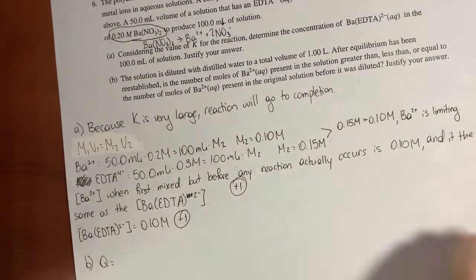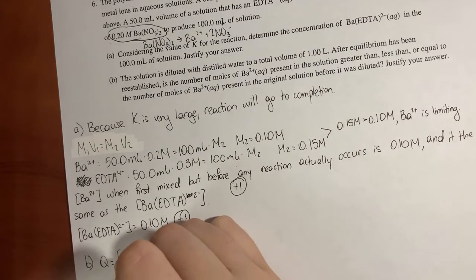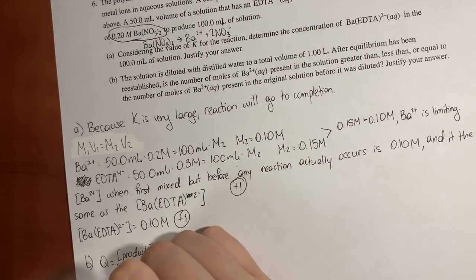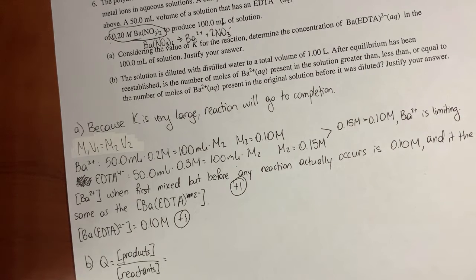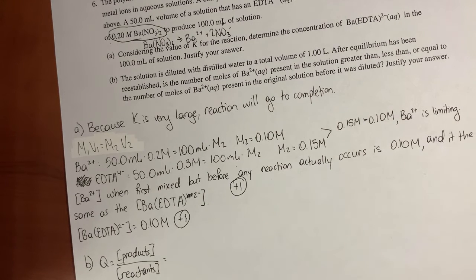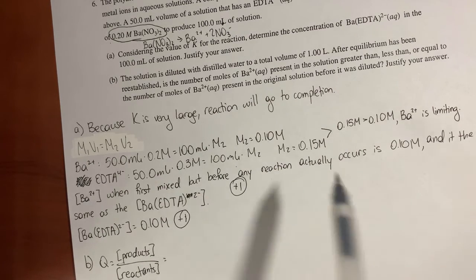Q is the same thing as products over reactants. And the products this time are each cut by 10 times because the solution is multiplied by 10 times. Using the formula M1V1 equals M2V2, we can generally understand that the concentrations will become 10 times smaller without doing all these calculations.